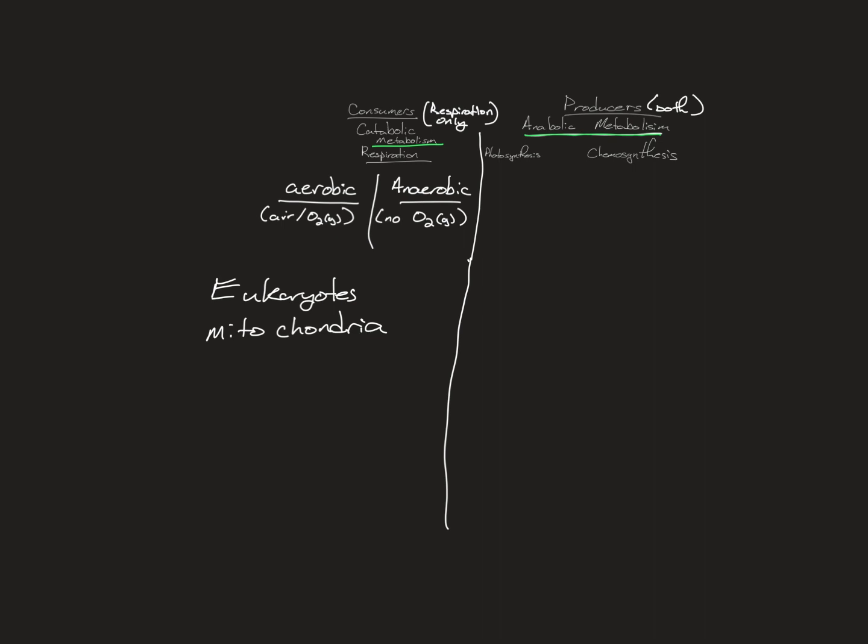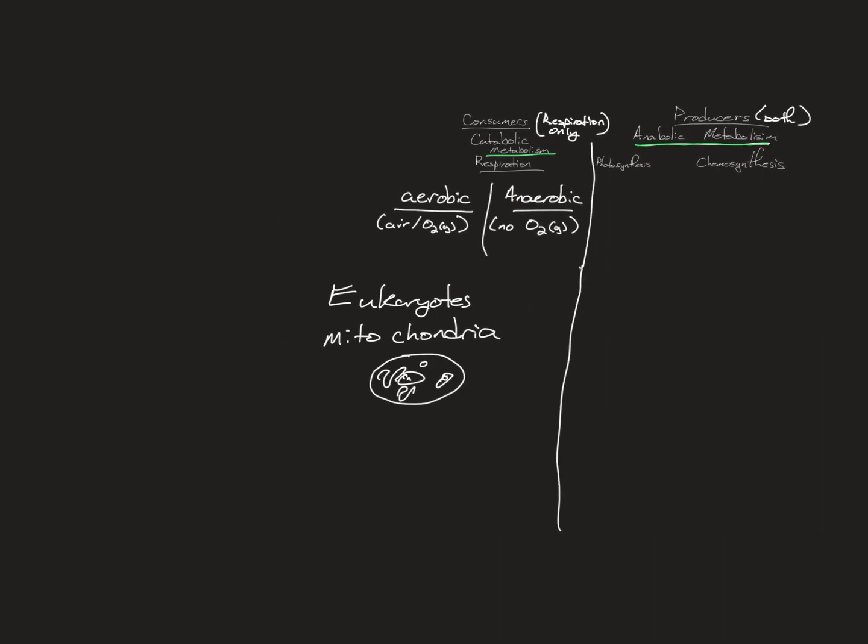They don't have mitochondria. So eukaryotes do it in the mitochondria, and in prokaryotes, they do it just in their cytoplasm.